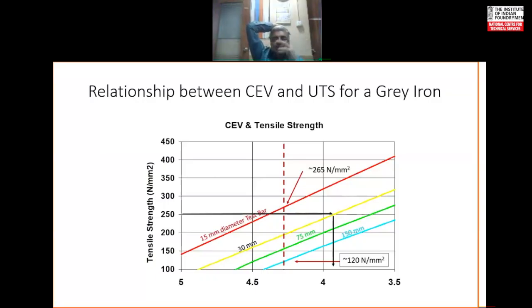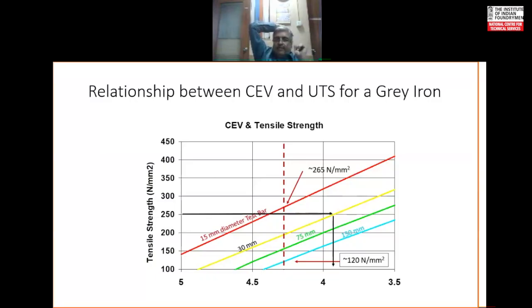And as you can see in all the cases, for all these lines, as the carbon equivalent goes down, the strength levels will go up, because thinner the section, faster is going to be the cooling, more finer will be the grain size, and perhaps if the nucleation levels are properly managed, you will have more pearlite in the matrix.